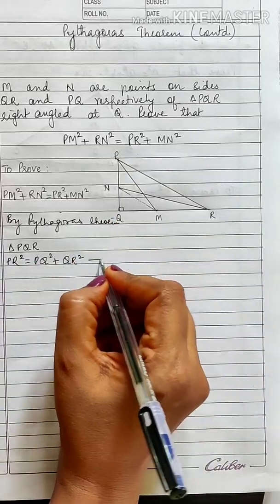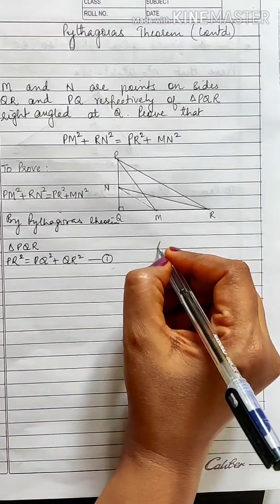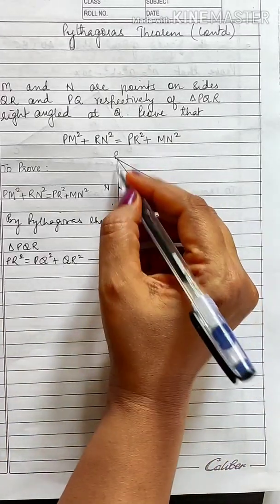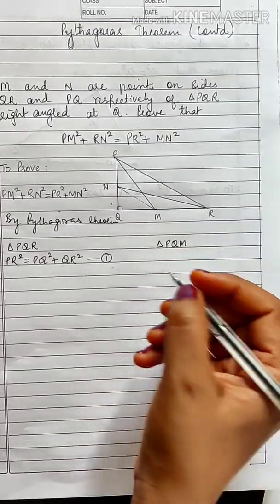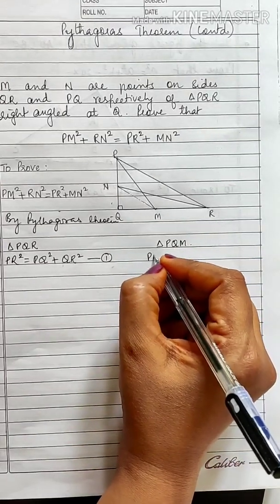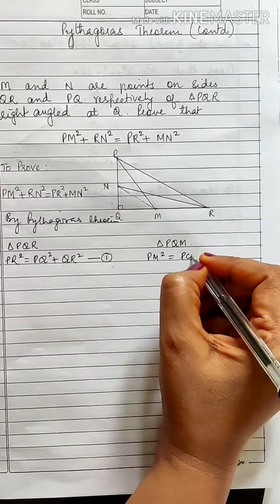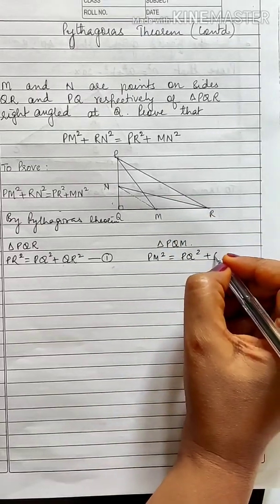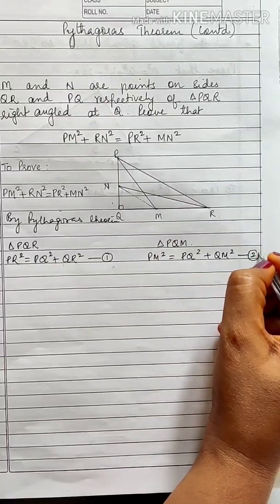So this is your first equation. Now the next triangle is triangle PQM. Here you get PM square is equal to PQ square plus QM square. This is your equation 2.